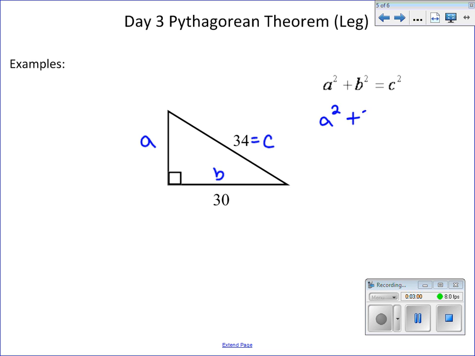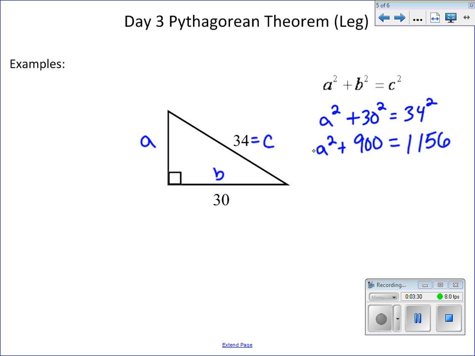Well, we know B is 30, so we're going to take 30 squared, equals C squared, and C is 34, and we're going to square that. When we take 30 squared, and again, these numbers are getting big, so feel free to use a calculator, but 30 times 30 is 900. 34 squared is 1,156.